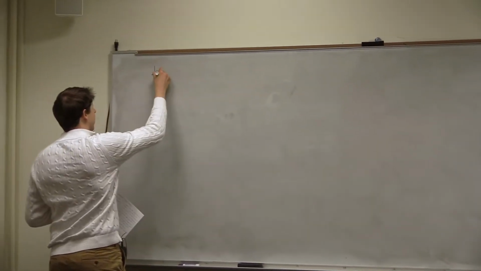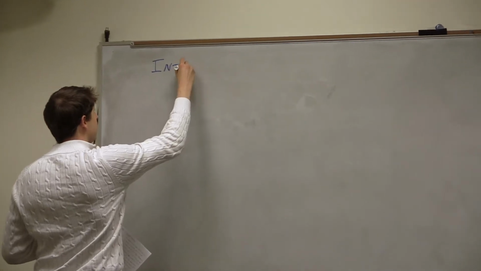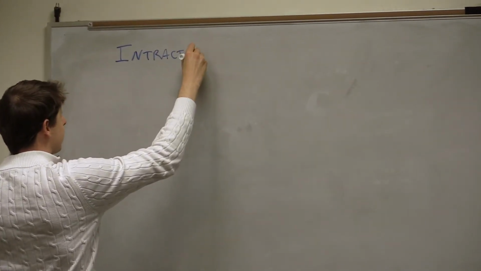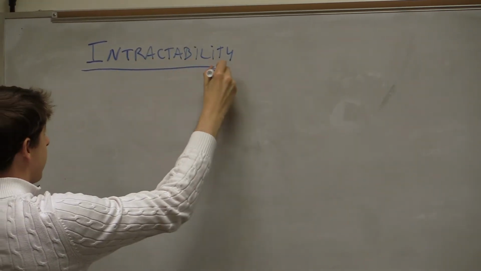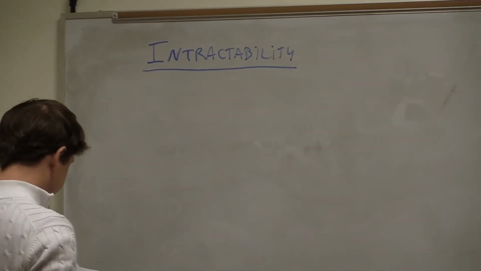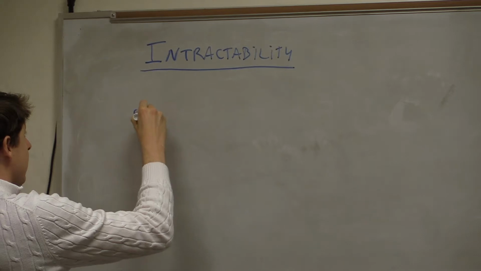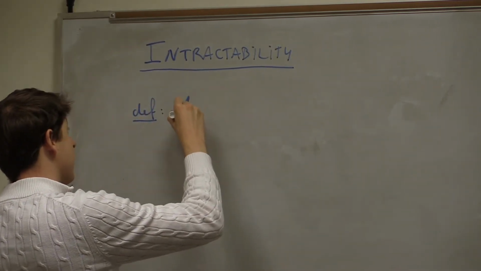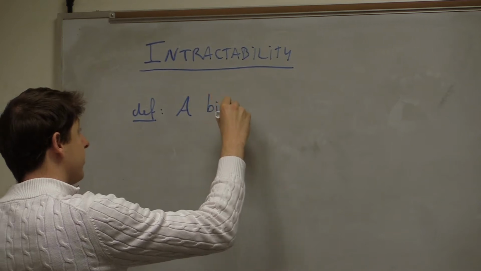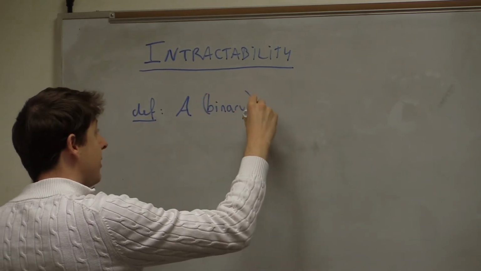So today we start talking about intractability. And the first definition I want to put down is that of a binary relation. Usually we don't really say binary.